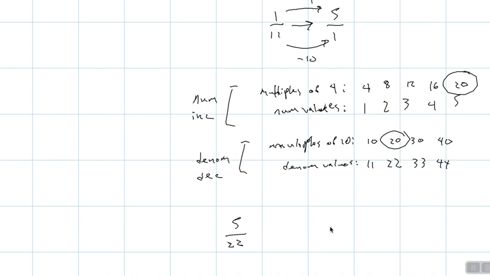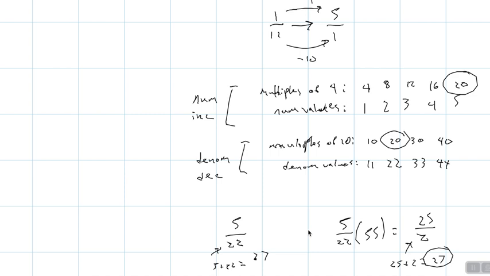Just to show that this works, this sum is 27, and 55 times 5 over 22 is equal to 25 over 2. Again, the sum is 27.